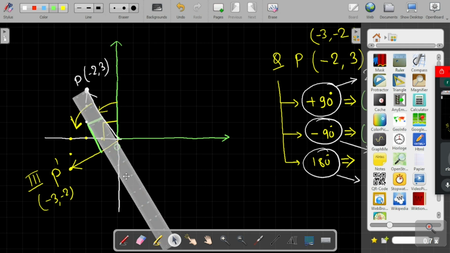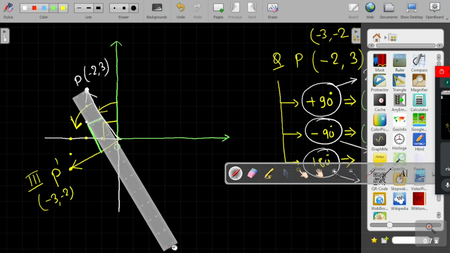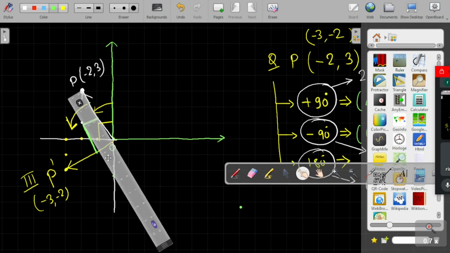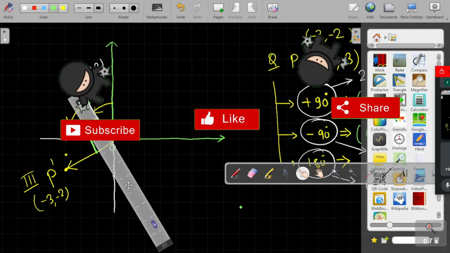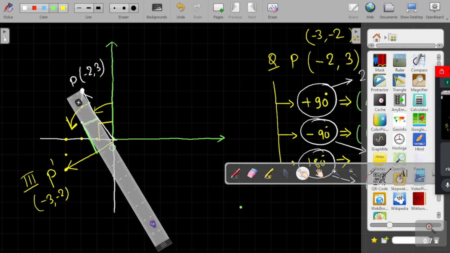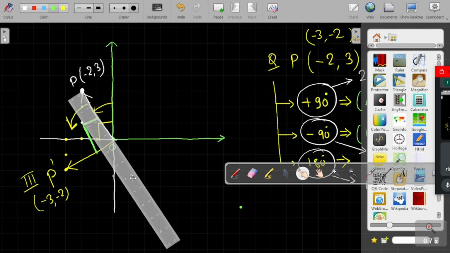Everything is here. Even I can sketch here also.